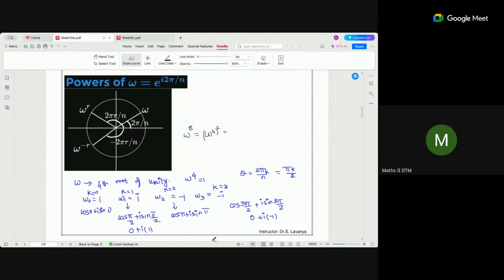What is it? It is 1. The same way, what about omega power 4t for any integer t? What is this? It is again 1. So it is 1.